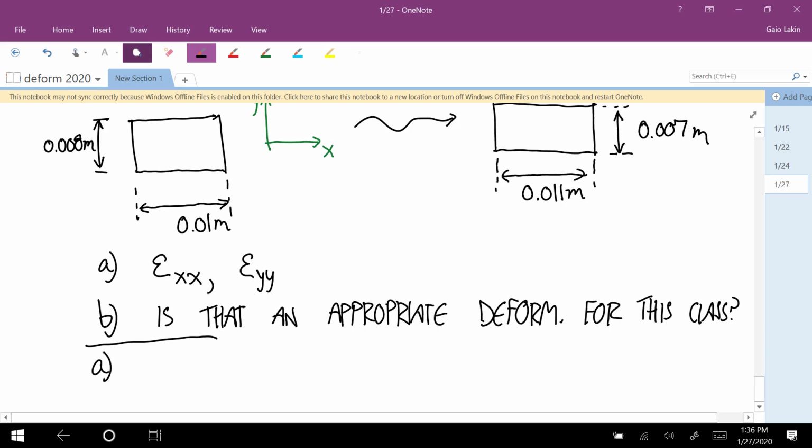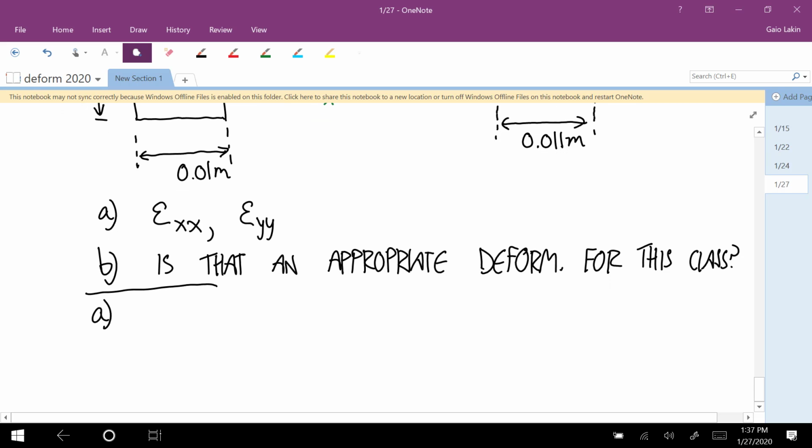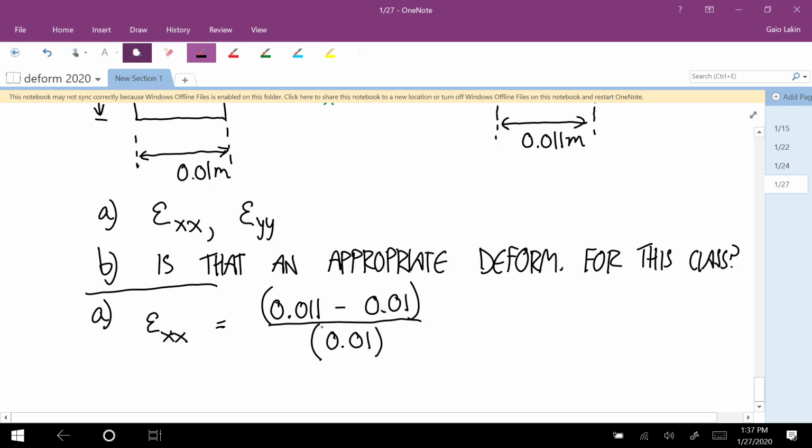Okay, so first, EXX is 0.011 minus 0.01, that's the initial length along the x direction, divided by the initial length along the x direction, and so you get 1 times 10 to the minus third divided by 1 times 10 to the minus second, so 0.10.